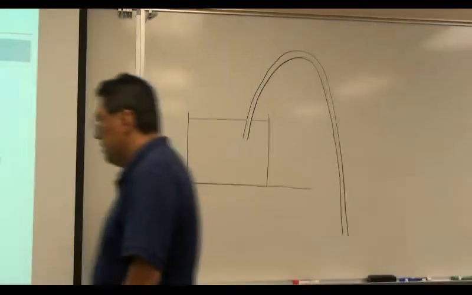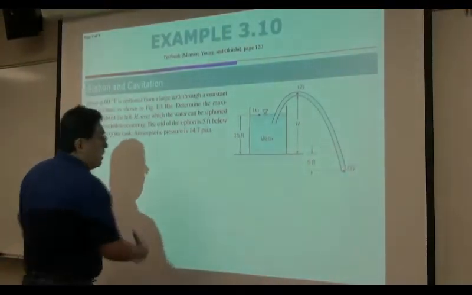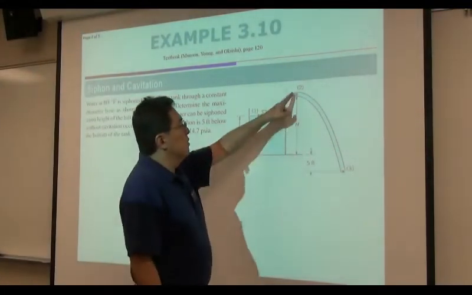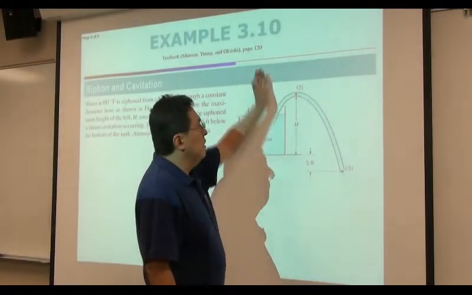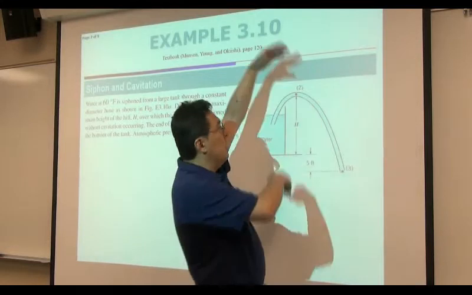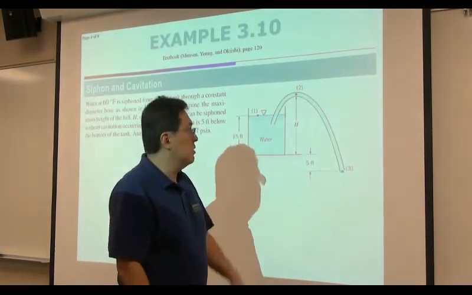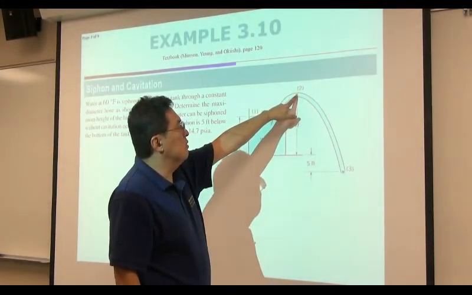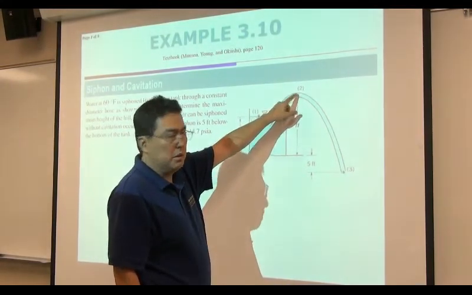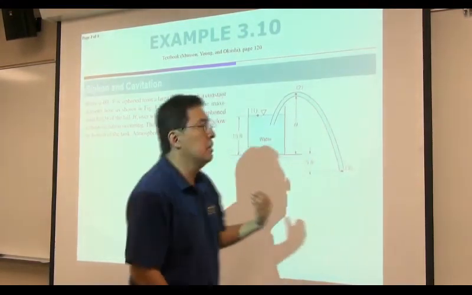So let's go back to the problem here. So this program basically asks you if you put this hose really high. If it's too high, what happens? Right here, the pressure goes down. This is the minimum pressure point throughout the process of siphon.